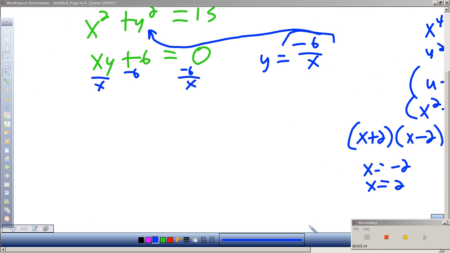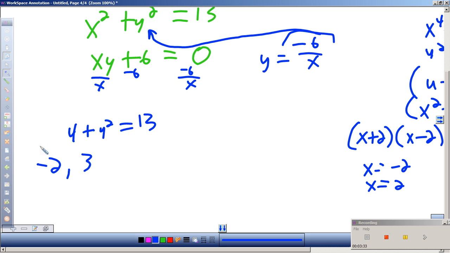So, if x equals negative 2, negative 2 squared is positive, so we have 4 plus y squared equals 13. So what would y equal? So negative 2, 3, or negative 2, negative 3. Now, if I plug it in here, do they both work?